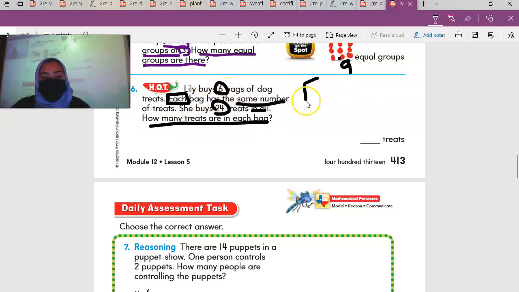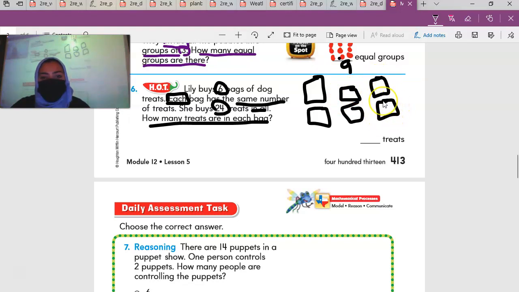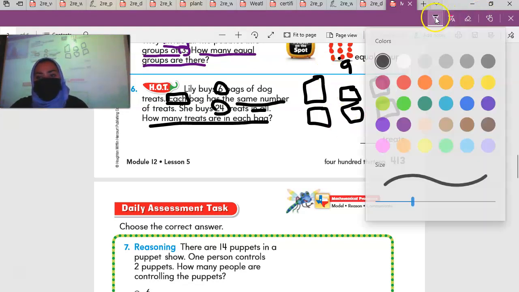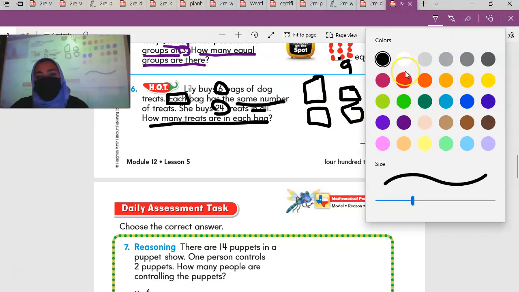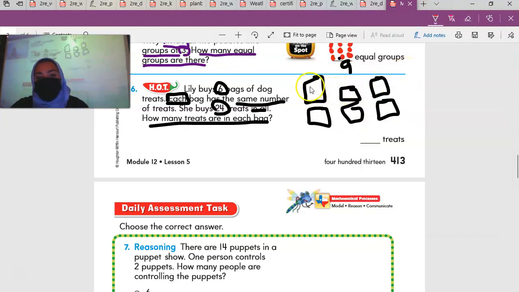So if there's 6 bags, here I'm going to draw 6 bags. 1, 2, 3, 4, 5, 6. She buys 6 bags of treats. Each bag has the same number. Do we know how many are in each bag yet? No, that's what the question is asking, but we know there's 24 treats in all. So we're going to put 1 in each bag till all 24 are gone.